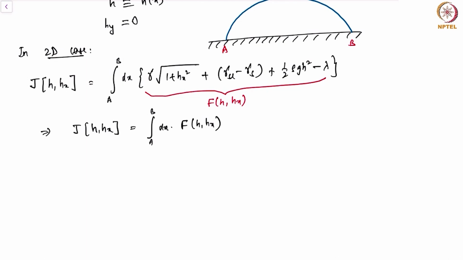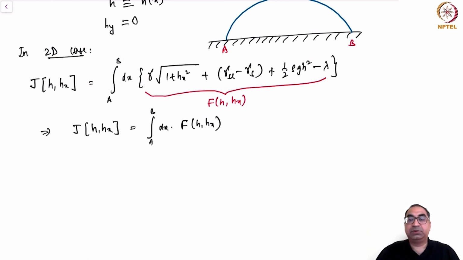So let's quickly summarize what we have seen so far. We wrote down the expressions for the energy of a droplet. These energies include the surface energy of the droplet surface, the surface energy of the wetted area. We have also taken the gravitational potential energy into account.